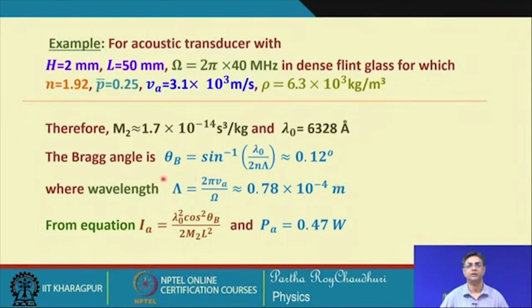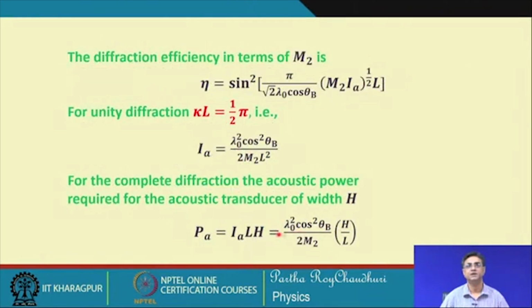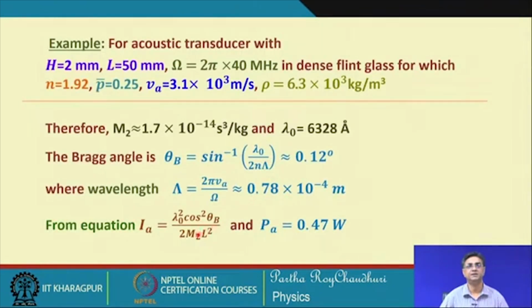That is the wavelength which defines the periodicity of the grating formed in the medium because of the acoustic wave. From the equation we have shown here, we can calculate the acoustic intensity, and from there the acoustic power, which using these numbers turns out to be almost half a watt.